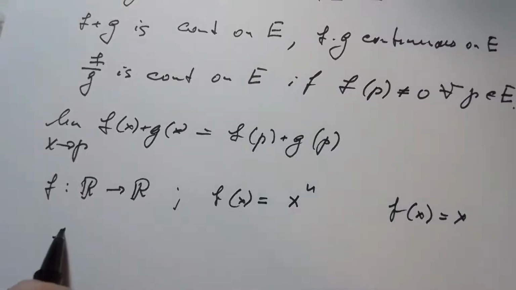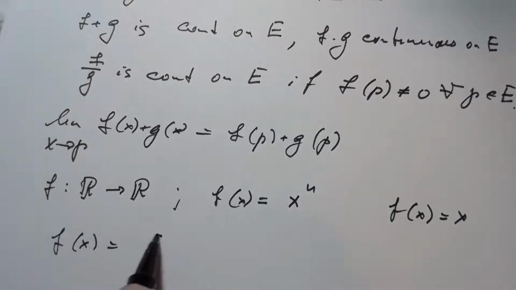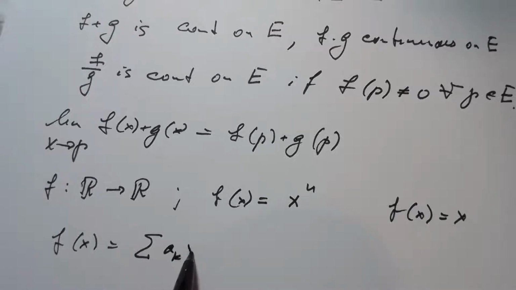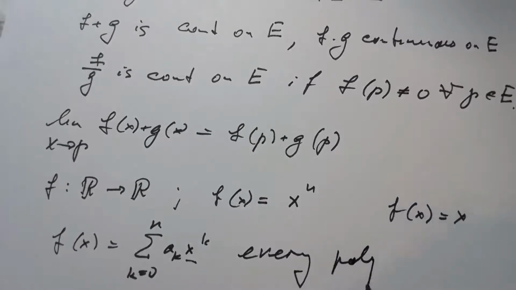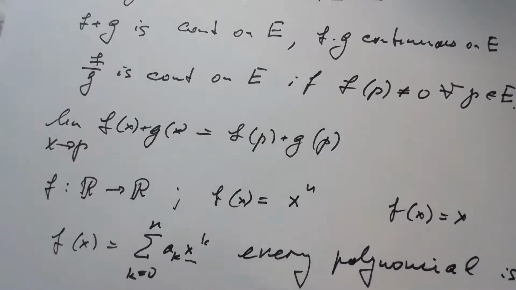And so now if my function f of x is equal to the sum of ak x to the power k, k from 0 to n, remember I'm only allowed to deal with finite sums so far, then this is a sum of continuous functions times constants, which are also a continuous function. And so every polynomial is a continuous function.